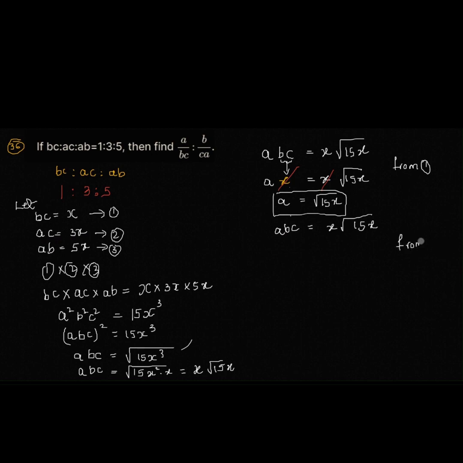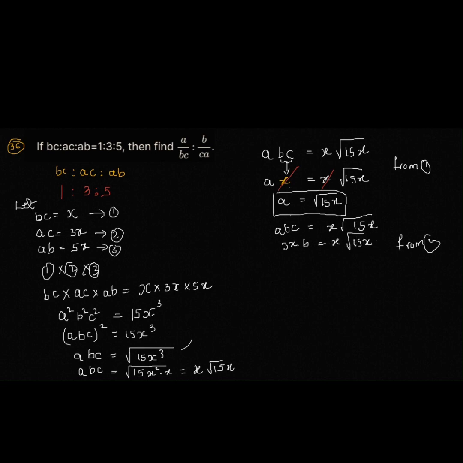So from equation 2, we have A times C times B. Now I'm going to replace this AC by 3x. So 3x times B equals x times root 15x.